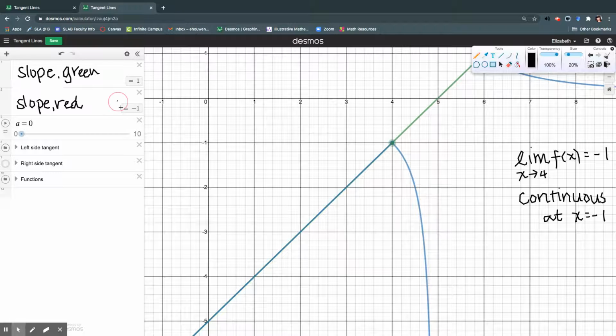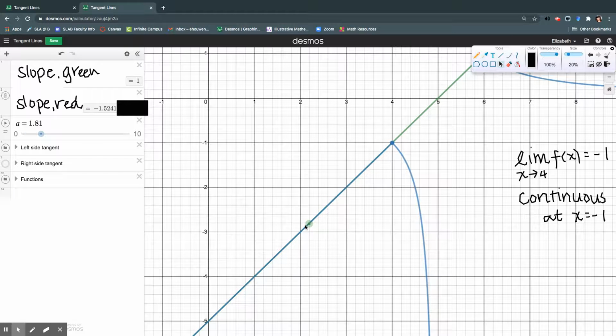If instead I approach from the left-hand side, this one is actually a little bit less interesting. Let's just block this one out for a moment so we're not distracted. This tangent is always going to be 1. You can still see that red guy, but if you look at the green, no matter where we are on this green line, the slope of the line is 1.